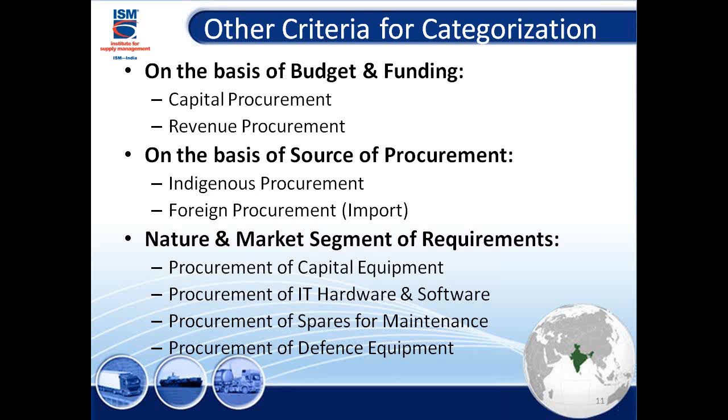The revenue procurement is the one when you're dealing with those budgets, like we had one program with Delhi government some time back. They have a budget for the capital to buy the health machinery, but they have a revenue procurement to take care of managing them for day-to-day operation of them. That's the revenue part. It's operational budget. So one is for the assets, one is for the operations.